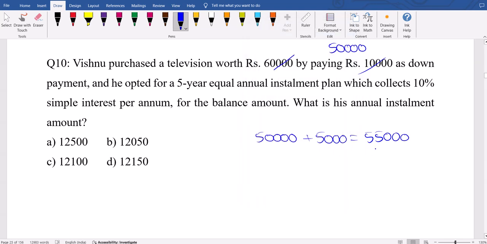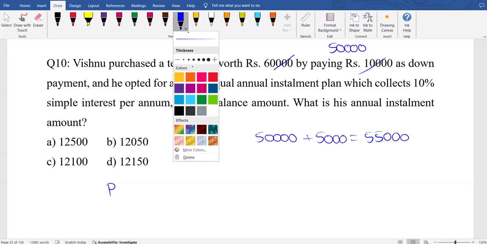Total amount to be paid is 55,000, because they said 10% is the simple interest for the balance amount. What is his annual installment amount? First year how much he paid, that is fine. Second year, third year, fourth year, but for that there is interest. Listen, here also there is a problem.